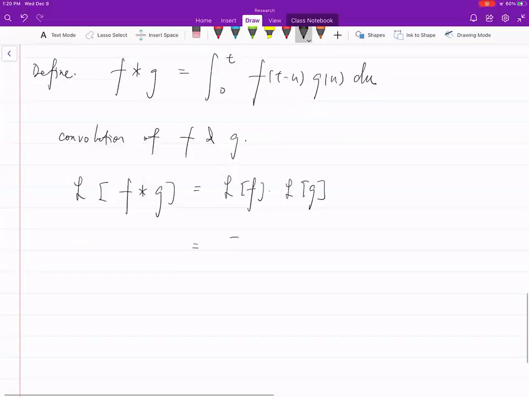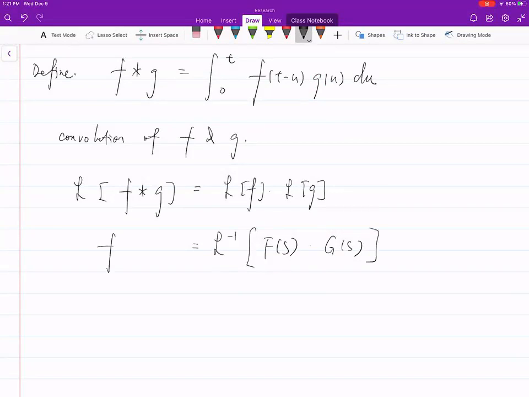Or equivalently, if you know the Laplace transform of f and g, then the inverse Laplace transform of the product is just this, according to our computation.